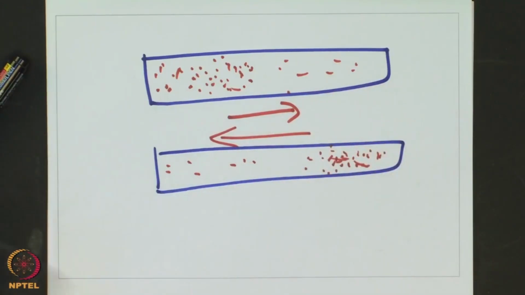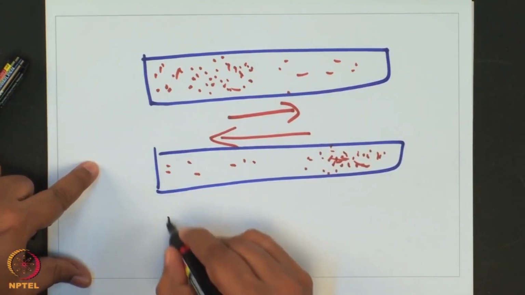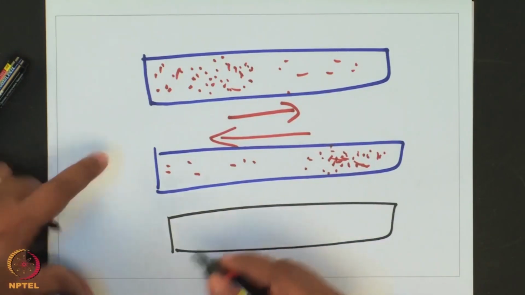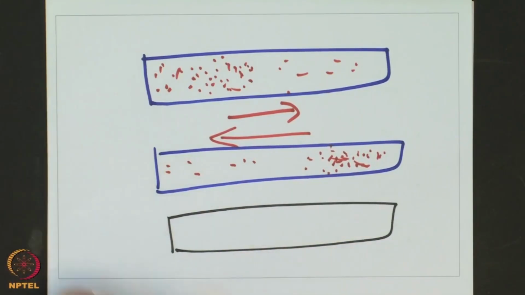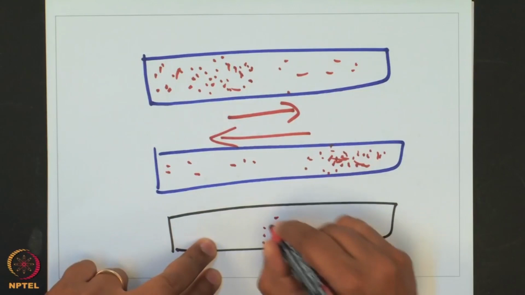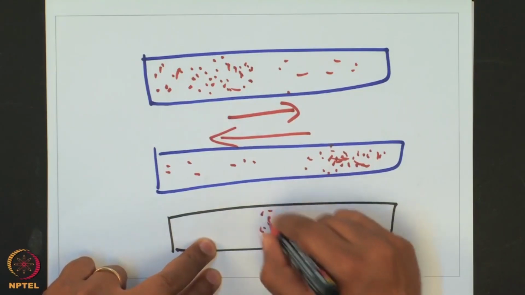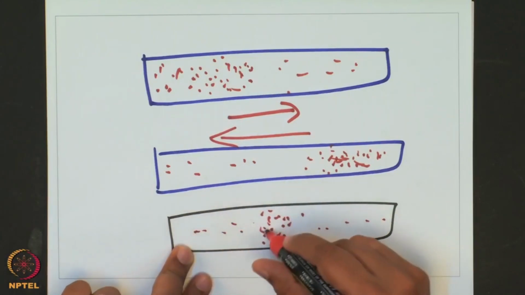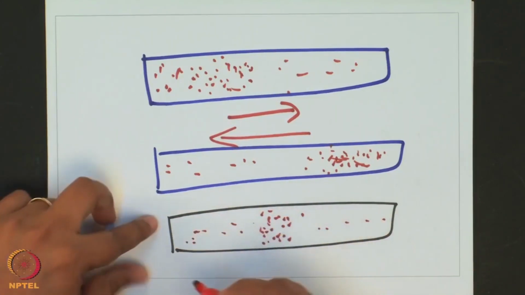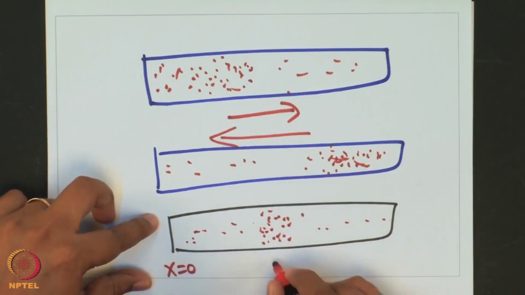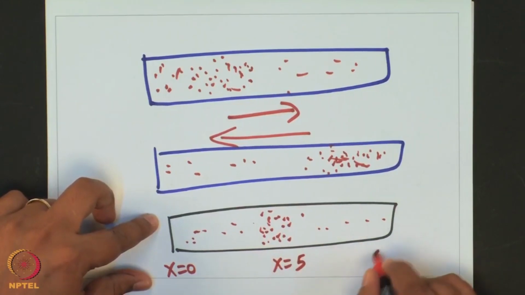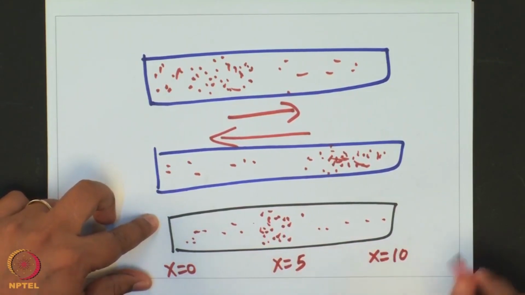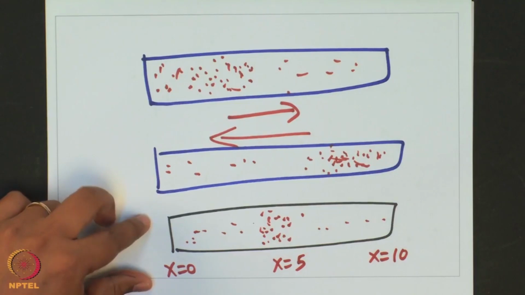If I have a situation which is in between, where in the middle I have a lot of molecules and very few on either side, let us say this is x equal to 0, this is x equal to 5 and x equal to 10, all in the same unit, let us say micrometers.